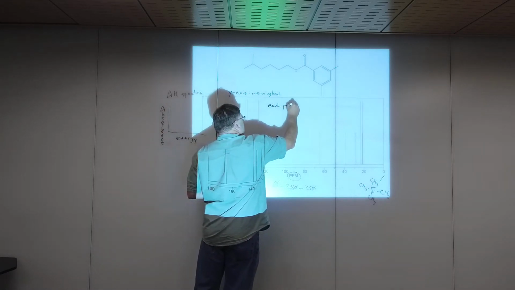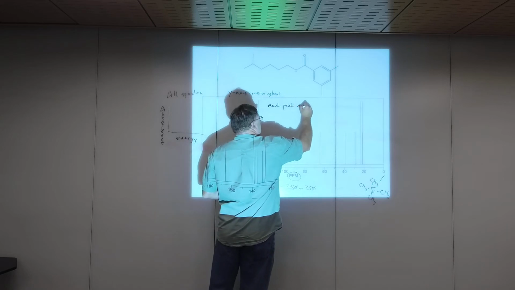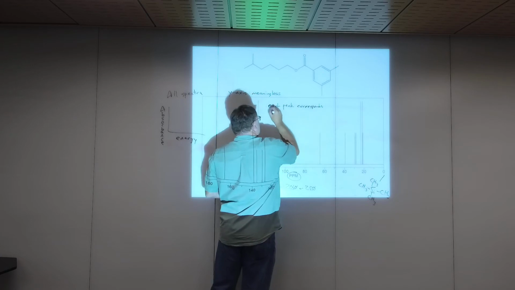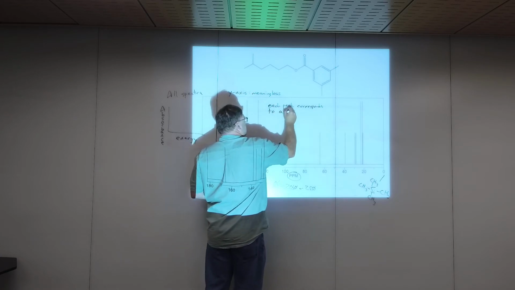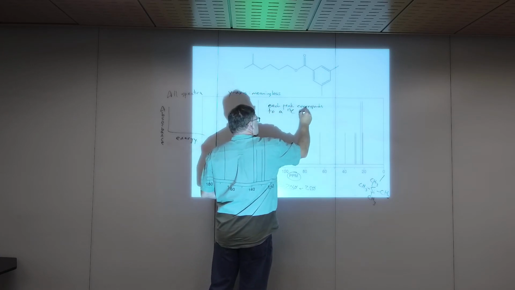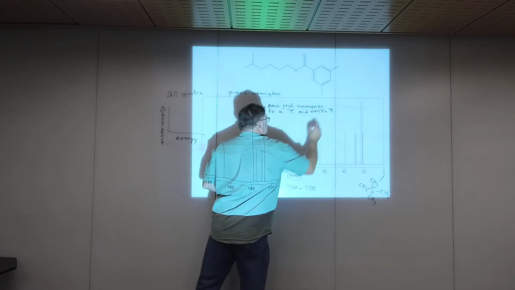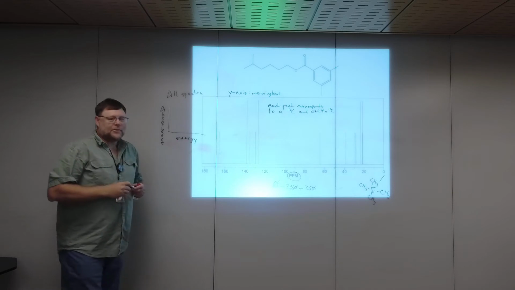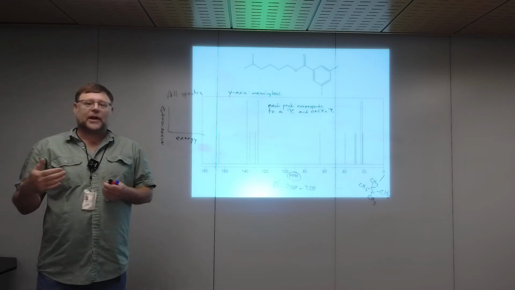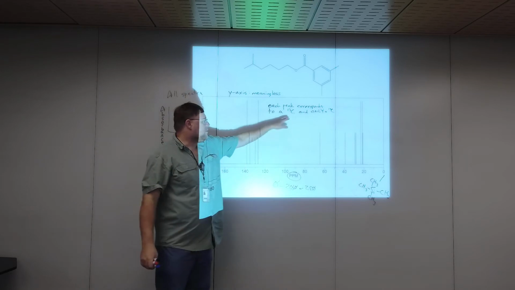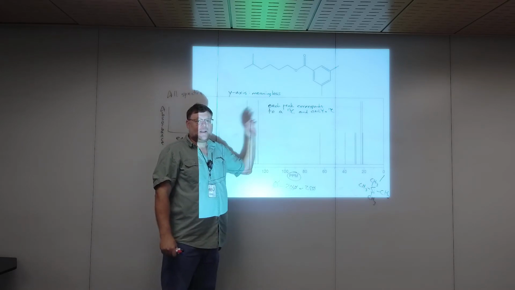Each peak corresponds to a carbon. In an NMR spectrum, the nucleus you're looking at is important. So in a C13 NMR, every peak here corresponds to a C13, and only a C13.